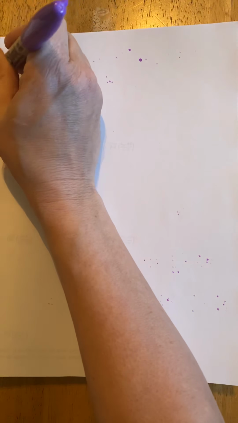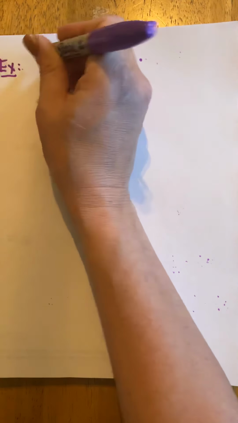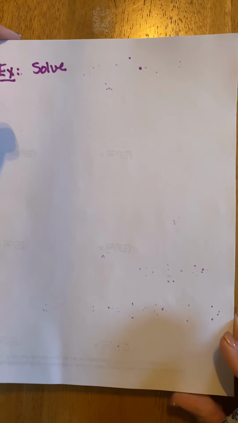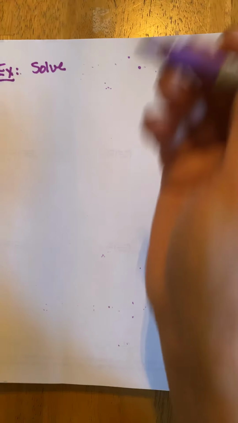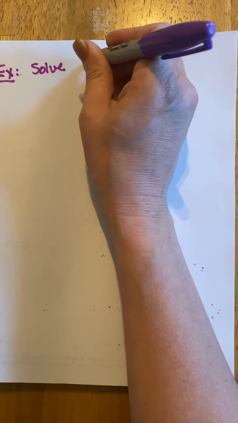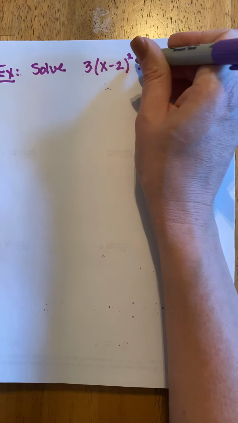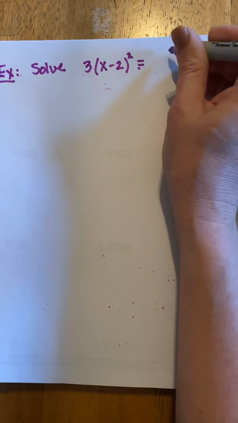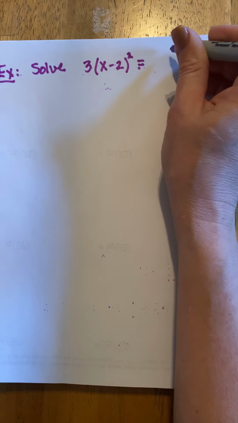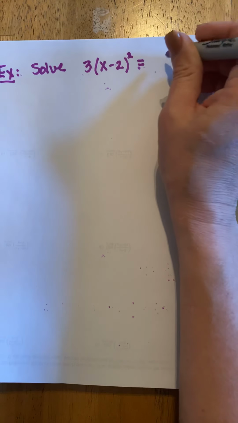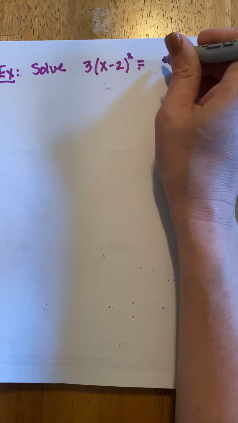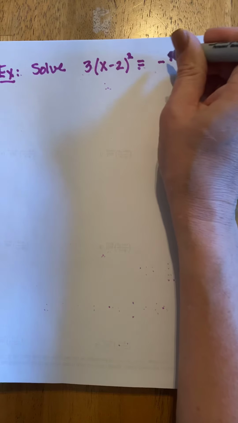Ready. Let's try another one. If you think you got it, you're welcome to fast forward or move on to the next section. Solve 3 times (x minus 2) squared equals, let's do negative 6.